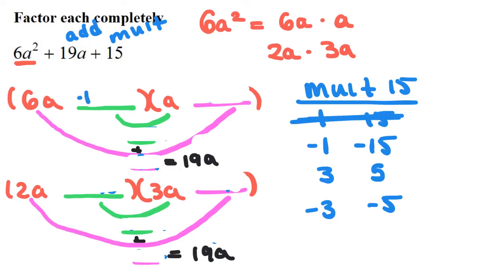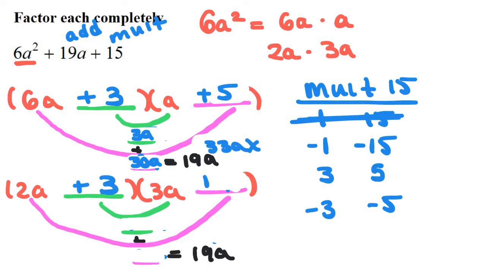So if I choose to do plus 3 plus 5, this would be 3a, and 6a times 5 is 30a, which gives us a value of 33a, which does not work. So next, let's try the 3 and 5 with the next pair.